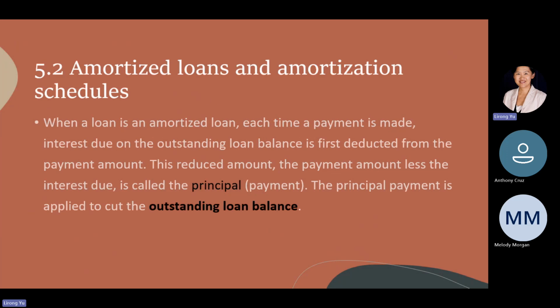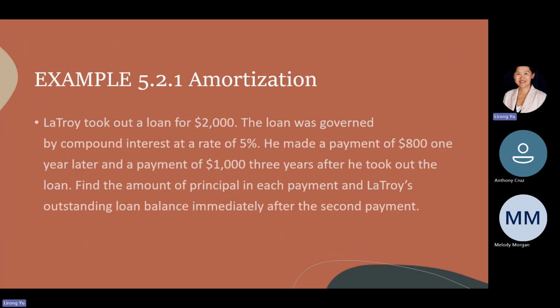5.2 is talking about the amortized loan and amortization schedule and how it's set up. Basically, an amortized loan is when you pay the interest on the outstanding balance first, and the rest of the money in the payment is paid toward reducing the outstanding balance. We went over this kind of example where you take out a 2,000 loan with interest being 5%, and the first payment is 800 after 1 year, and after 3 years you pay 1,000.